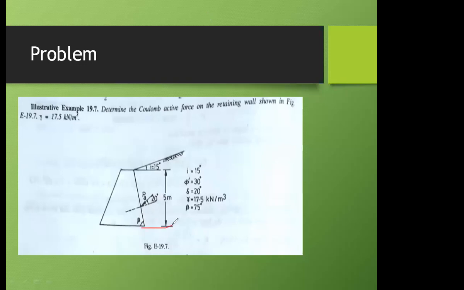From the base it should be acting at h by 3, which means 5 by 3 distance, and it is making an angle of 20 degrees. So we have determined the magnitude, the location of force, and direction also.